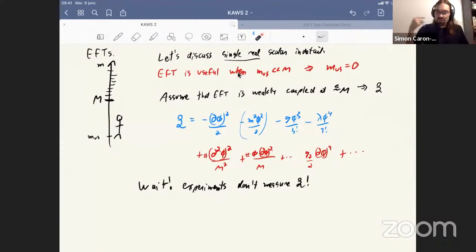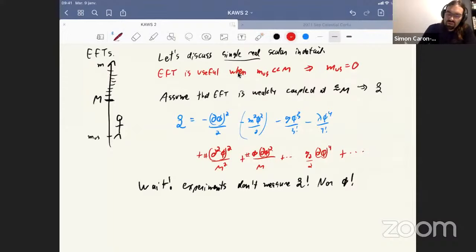Maybe you have some physical picture for what this field means, but in practice, experiments don't measure fields either. They measure some properties of some excitations of the field, which are labeled by the momentum and energy, that we can think of as particles, and we scatter these particles. This doesn't tell us anything about phi. So experiments are defined only modulo field redefinitions.